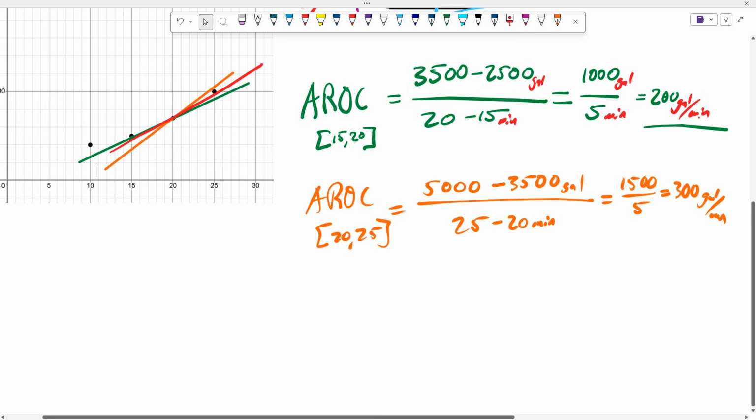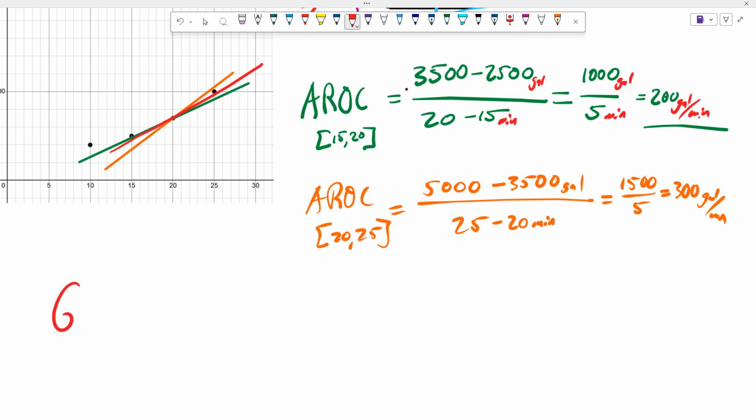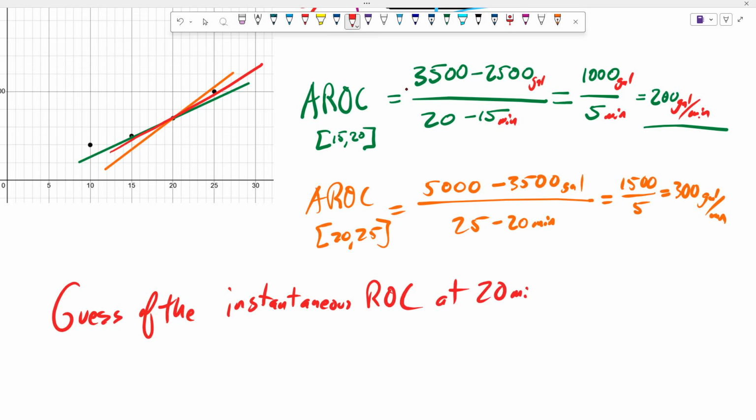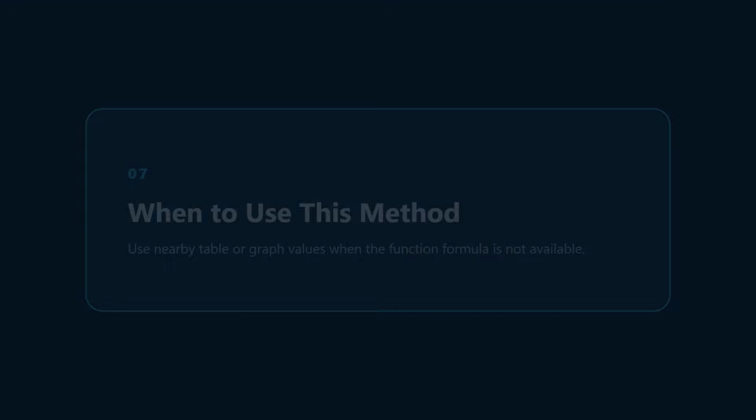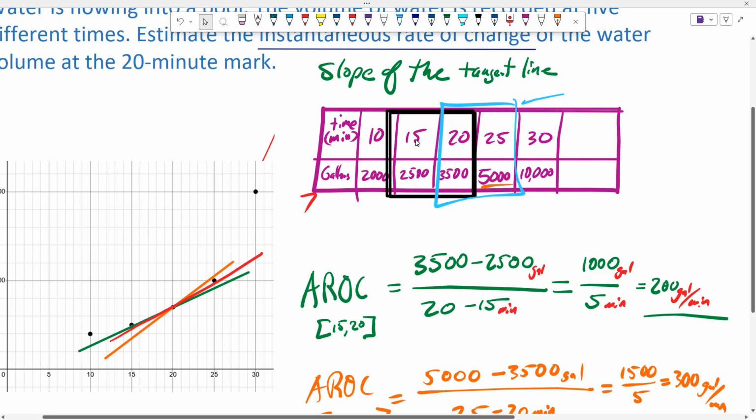So our guess of the instantaneous rate of change at one single point in time at 20 minutes, not over an interval of time, at the exact moment, our best guess is 200 plus 300 over 2, 250 gallons per minute. It's not that complicated.